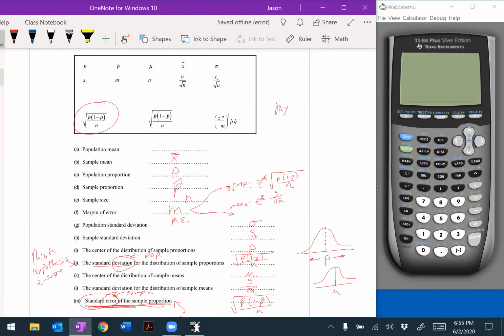My mu looks like that, theirs looks like this. I just didn't want anybody else to be confused.